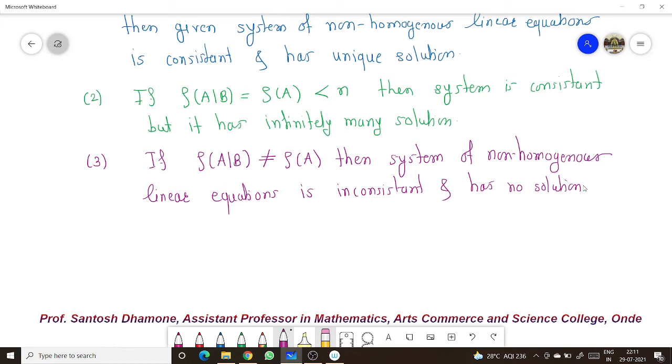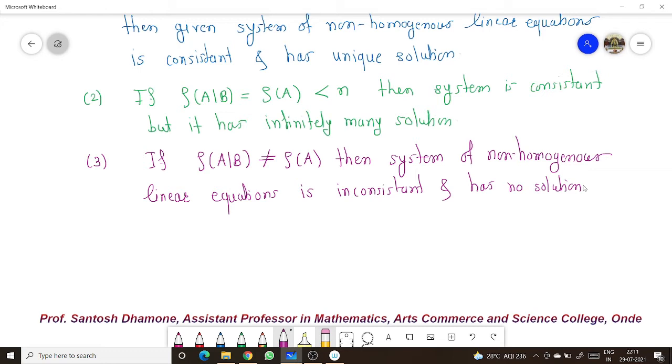We write the given system of equations in matrix form, AX = B. Matrix A: the first column is the coefficient of x.